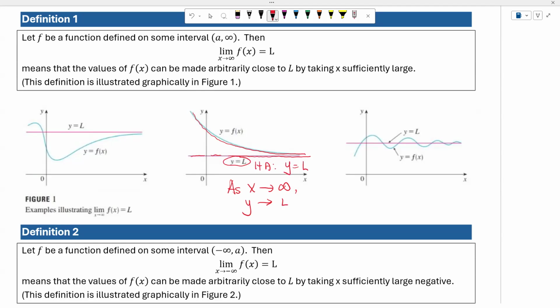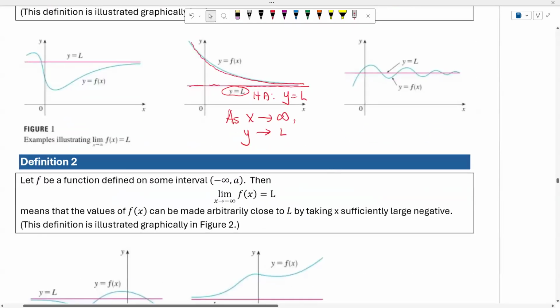Now, how do we actually show that with limits? Let f be a function defined on some interval from a to infinity. Then the limit as x approaches infinity of f of x equals a number L means that the values of f of x can be made arbitrarily close to L by taking x sufficiently large.